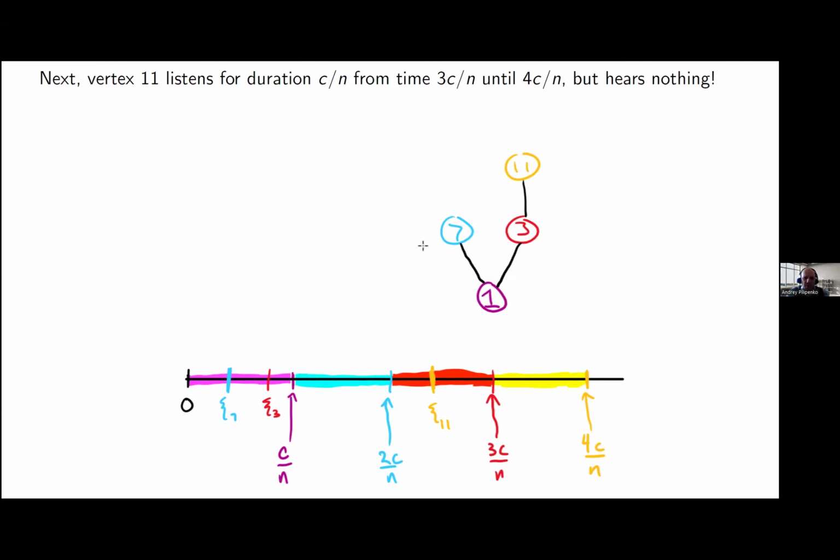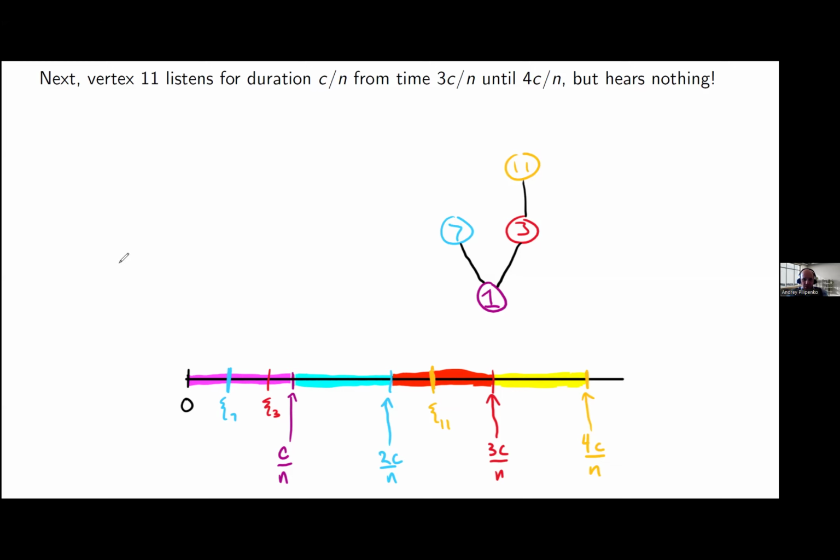So assume that in the first interval from 0 to c over n, there are 3 arrivals, say 3, 5, and 7. So you listen to 7, nothing happens. You go to 3, and you hear 11, say, and 13. You cannot hear 5 or 7, the previous ones.